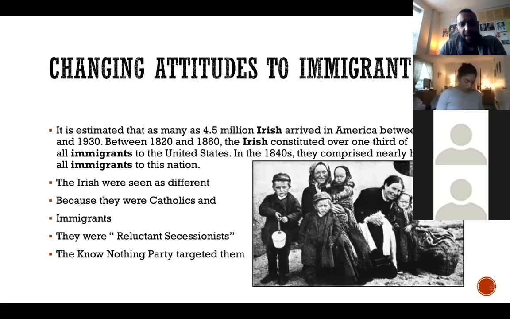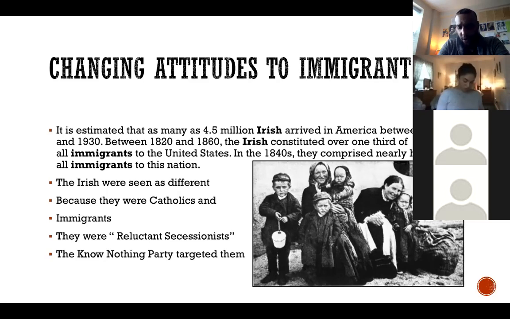It is estimated that as many as 4.5 million Irish arrived in America between 1820 and 1930. That's a lot of people. If you think about it this way, the last time I checked, the population of Philadelphia was about 1.1 or 1.2 million people. Imagine that times 4. So 4 whole cities of Irish showing up to the United States.